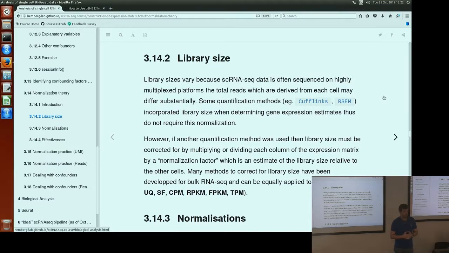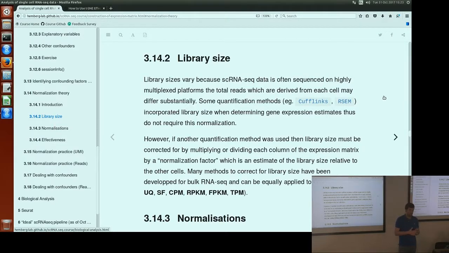But if another quantification method was used, or especially when we're operating in the count space, then library size is a necessary thing to correct for by either multiplying or dividing each column of the expression matrix by a quote-unquote normalization factor. And this can be understood as some sort of an estimate of the library size, or the effective library size relative to the other cells.